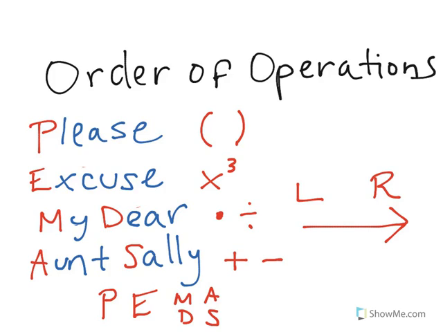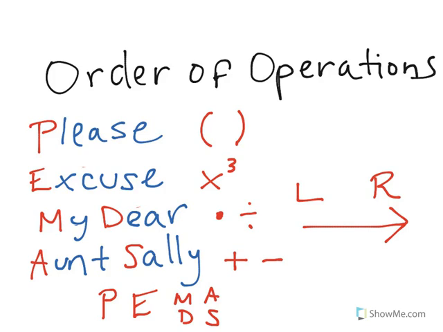So we do parentheses first, then exponents, and then with multiplication and division, those come at the same time, but in order to decide whether we do multiplication or division first, we work our way from left to right. So if multiplication is farthest to the left in an expression, we do multiplication first, or if division is farthest to the left, then we would do division first, and then we work our way to the right.